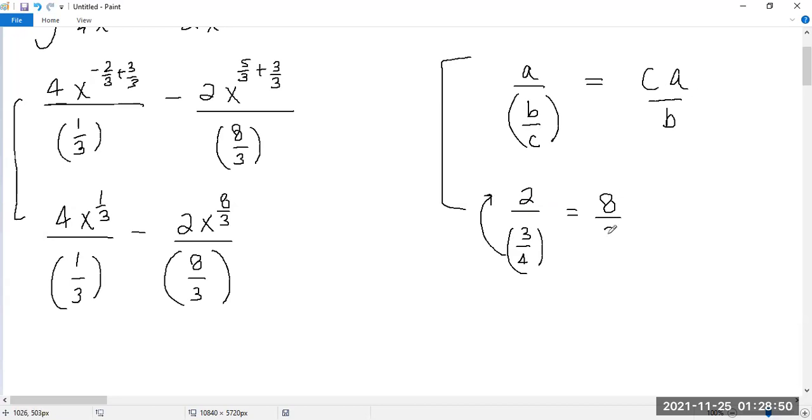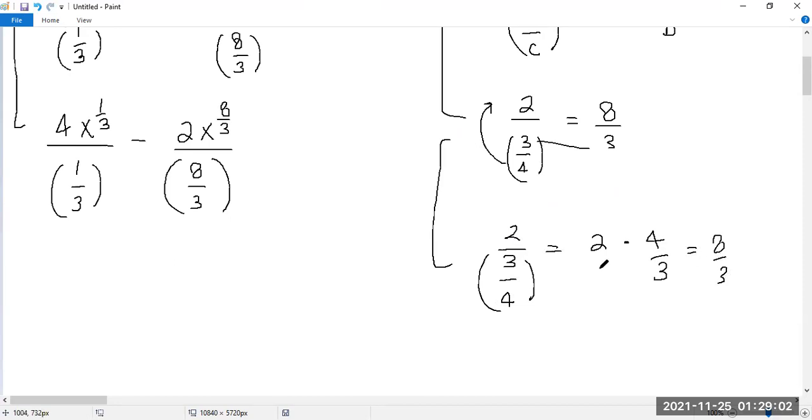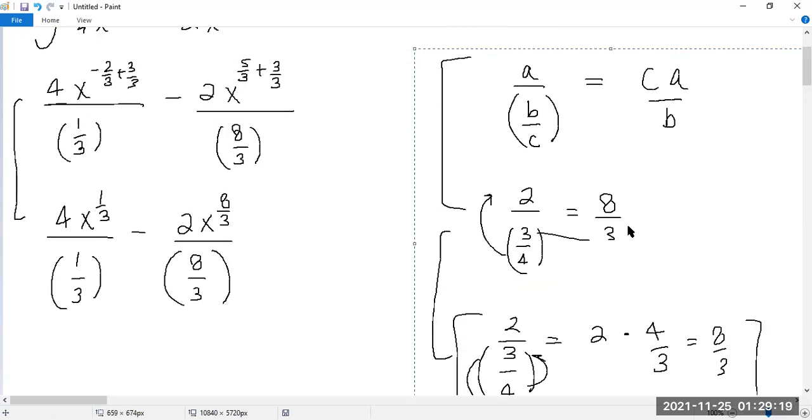That would just be 8, and then you're keeping this in the bottom. If that's hard to understand, let's say you had 2/3/4, right? This is the same thing as 2 times 4/3, which is 8/3. So you're essentially just flipping this around. You're multiplying by the reciprocal of this. And if this is not too intuitive, leave a comment and I'll write more into it. But that's sort of the basic idea.